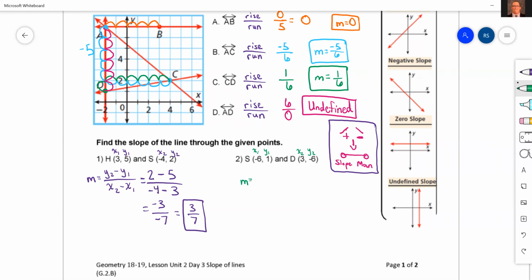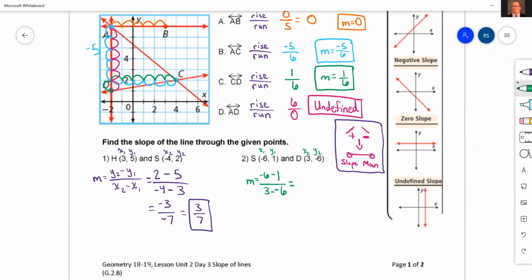So M equals, well, Y2 is negative 6 minus Y1, so minus 1, over X2 is 3 minus negative 6. Negative 6 minus 1 is negative 7. 3 minus negative 6 is 9. So that means this one is negative 7/9. Can't reduce it, so it's just done.